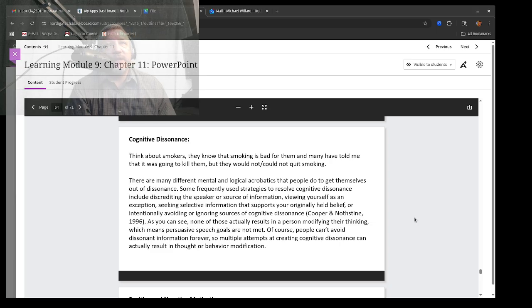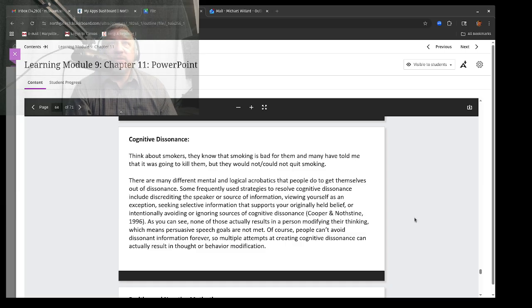Now, we conduct a bunch of acrobatics within our brain to get ourselves out of dissonance. Sometimes we discredit the speaker or the sources of their information. We hold ourselves to be an exception to the rule. We think we're special.